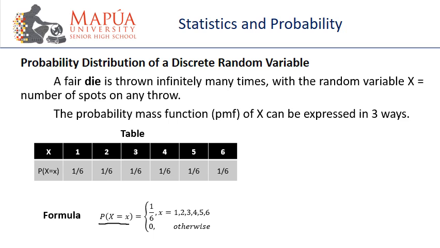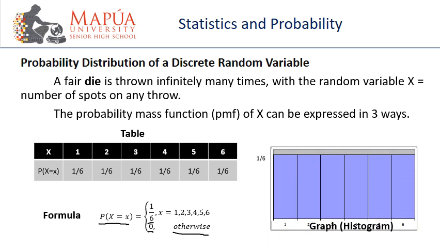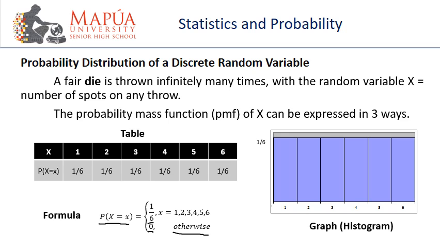The probability is 1/6 if x is equal to 1, 2, 3, 4, 5, or 6. And the probability is 0 otherwise. And in order for you to express the PMF using a graph, it will always be a histogram. The x-axis of the PMF is always the mass points, 1, 2, 3, 4, 5, 6. Since you only have one value for the probability, which is 1/6, they will all have the same heights for this histogram.